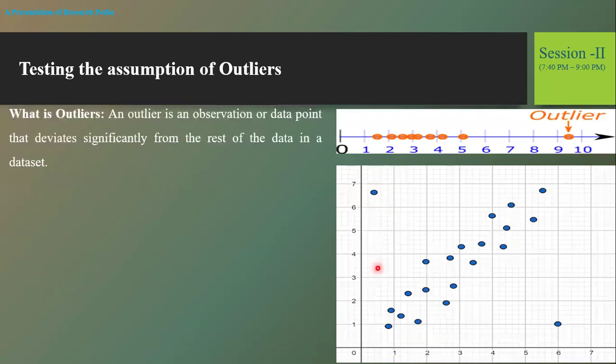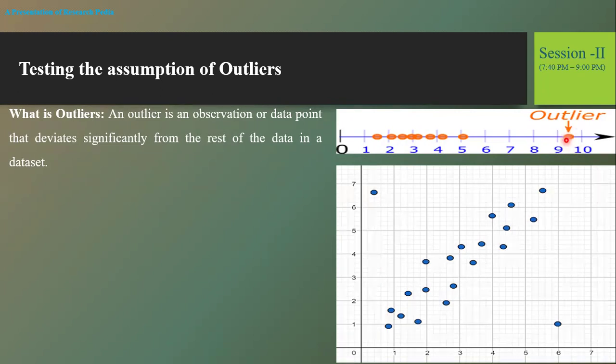So whenever you find some value which is deviated from their majority of the central value, like if you can see in the above measurement scale, you can find that there are some values which we can find between 1 and 5, and there is a value which is approximately 9.5, and it is away from majority of values. So this value which is away from the majority of value, we can consider it as a outlier.